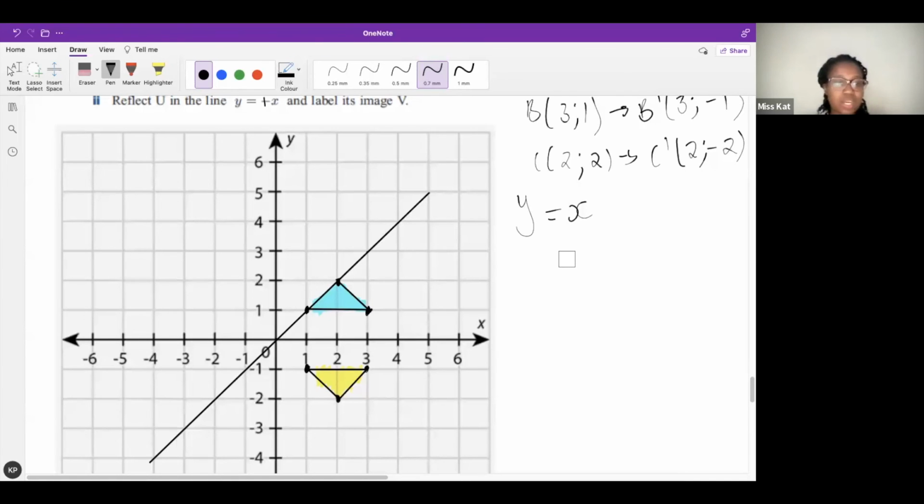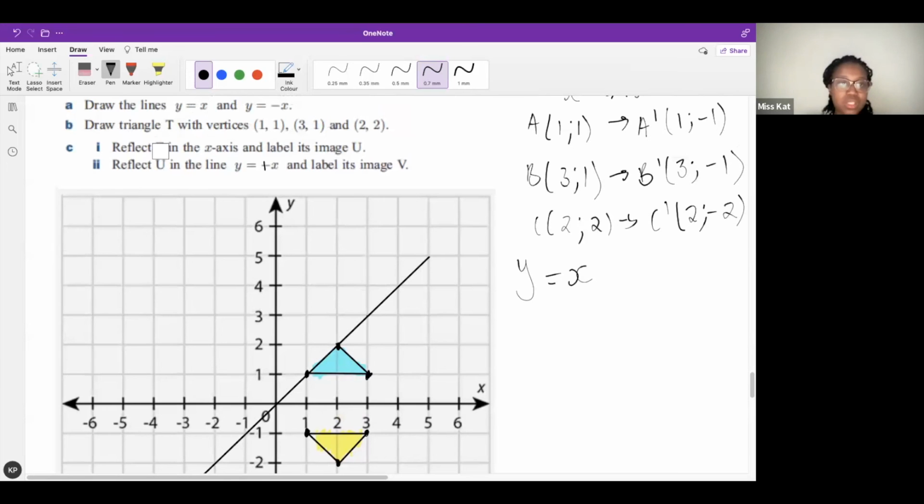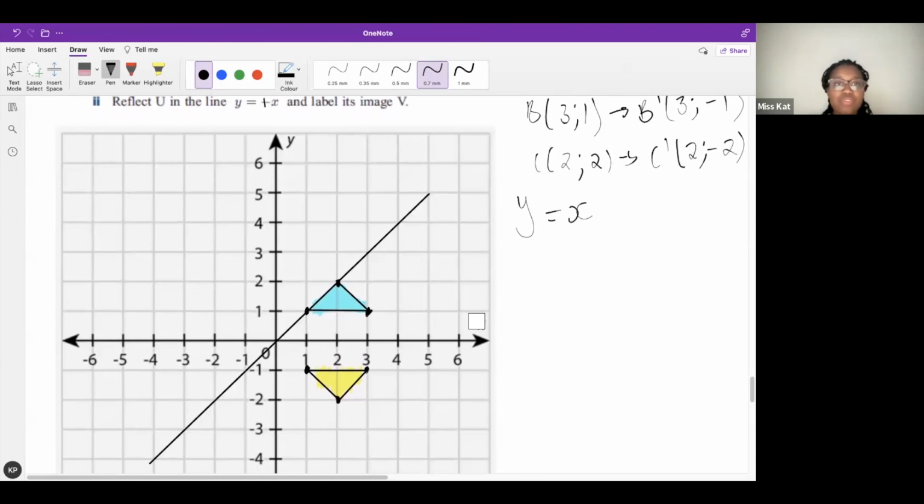Sianda says X will be negative. There we go, because that's the one they said, remember? So the original one was T. The blue one was T. And here they said reflect U. So that is the yellow one. So if we're reflecting in the line Y equals X, we're going to swap the coordinates.